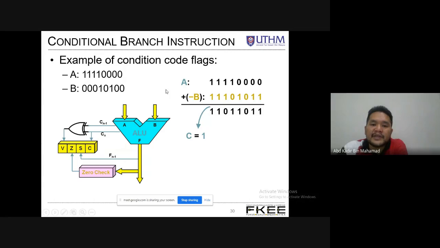Condition code flags. If you notice, the value for A is 1 1 1 0 0, B is 0 0 1 0 1 0 1.